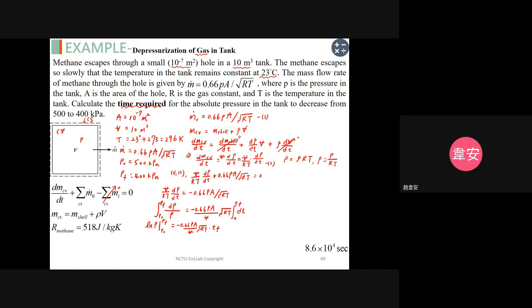And then this is equal to ln PF minus ln P0, but we have the minus in here, so we can move it to the left. So the left item becomes ln P0 minus ln PF, and this is equal to ln P0 divided by PF.